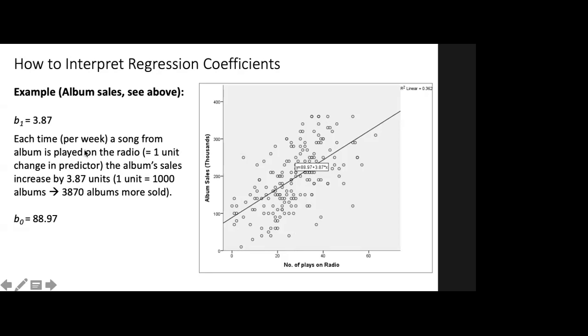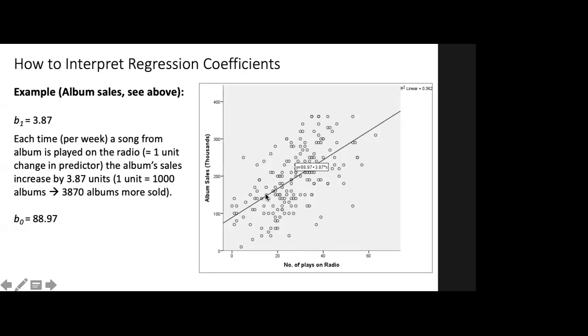Okay, so that means each time a song from the album is played on the radio, the album sales increase by 3.87 units. So per unit change of the predictor variable, the prediction is that we are selling on average 3,870 albums more.